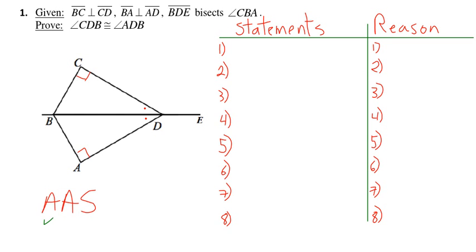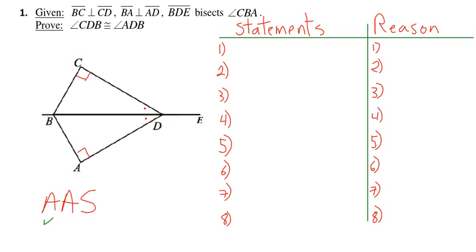But notice what I said. We're saying that they are congruent because there is a theorem that says that right angles are congruent. And then the other given says that BDE bisects angle CBA. So this big angle here is being bisected. That means that this big angle is being divided into two congruent angles, and those two congruent angles should be the little ones that you see here, CBD and ABD.